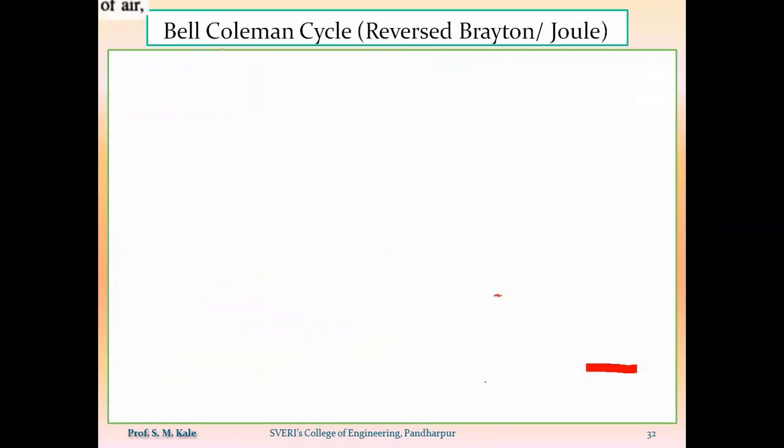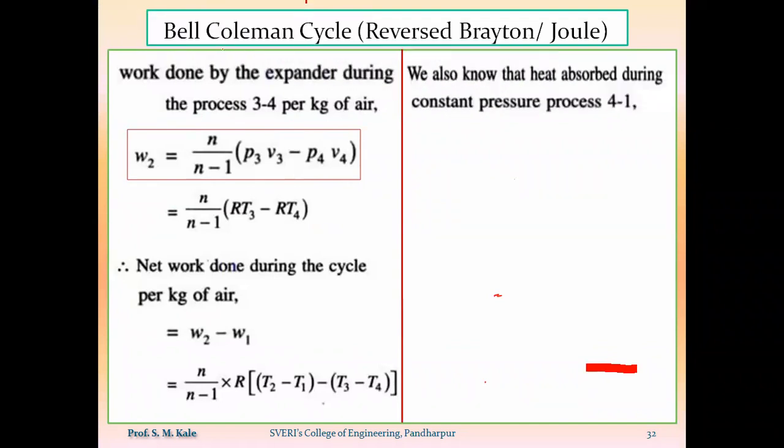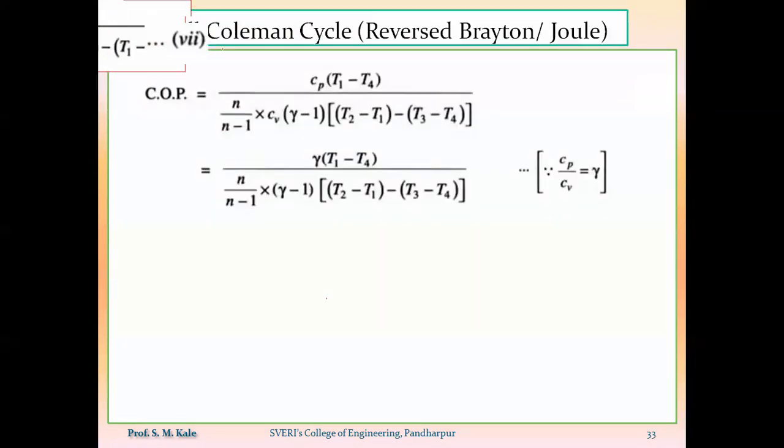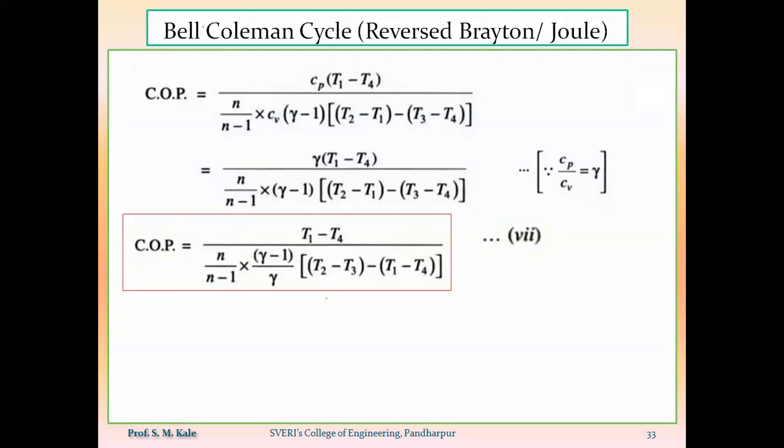Now when either the compression process or expansion process, or both, are polytropic, not isentropic, then to calculate the value of COP we have to use the equation T1 minus T4 divided by n upon n minus 1 into gamma minus 1 upon gamma inside the bracket T2 minus T3 minus T1 minus T4.